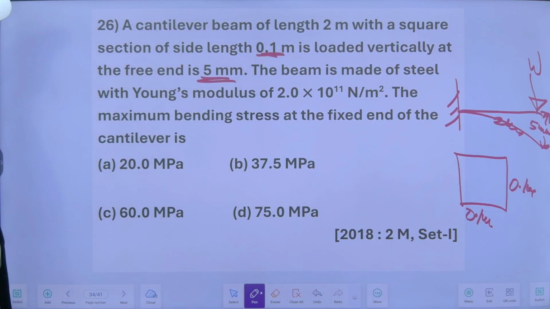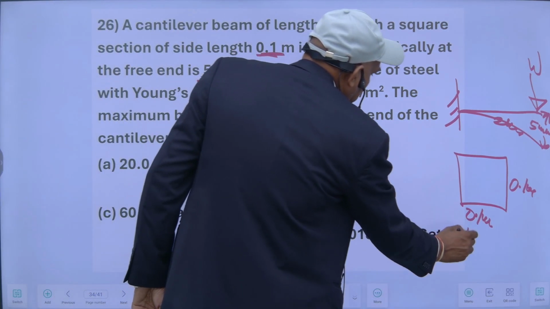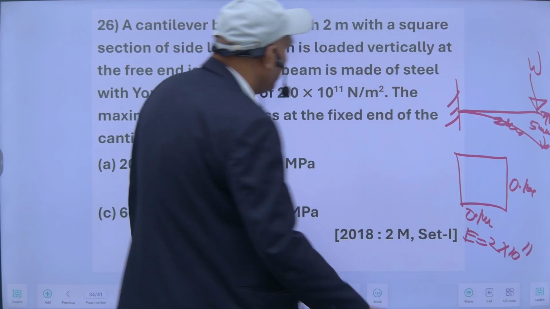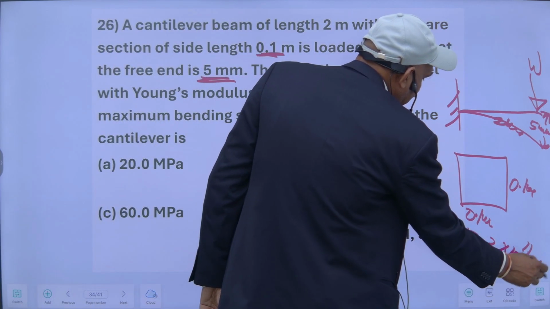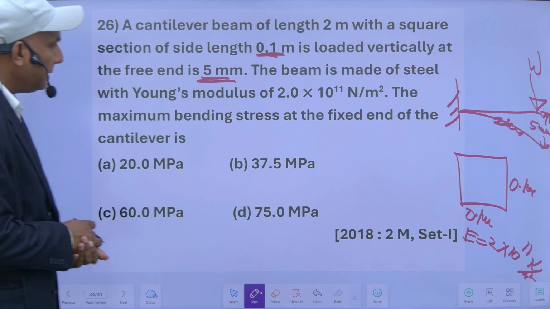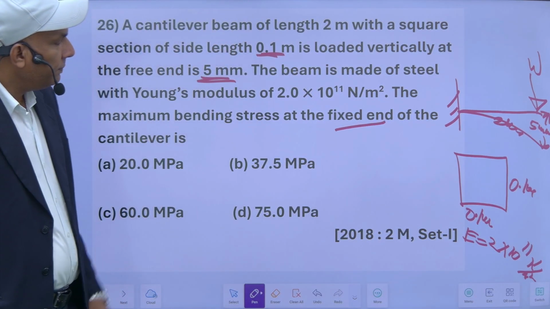The beam is made of steel with Young modulus E equal to 2 into 10 to the power 11 Newton per meter square. The maximum bending stress at the fixed end will be how much?